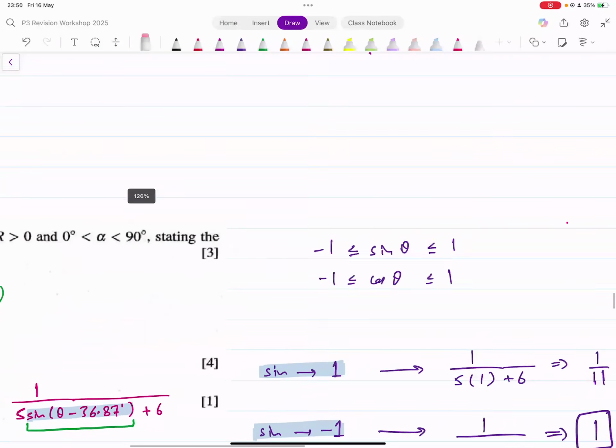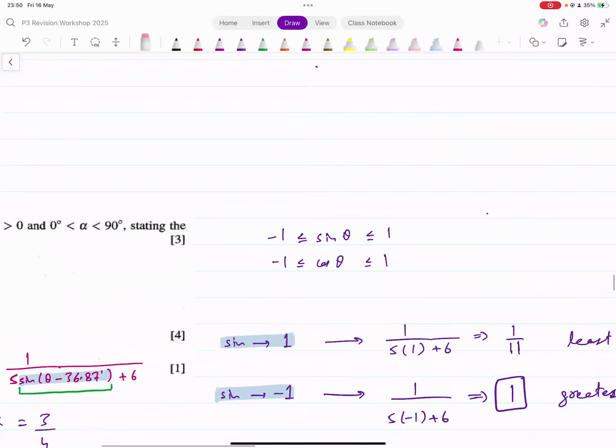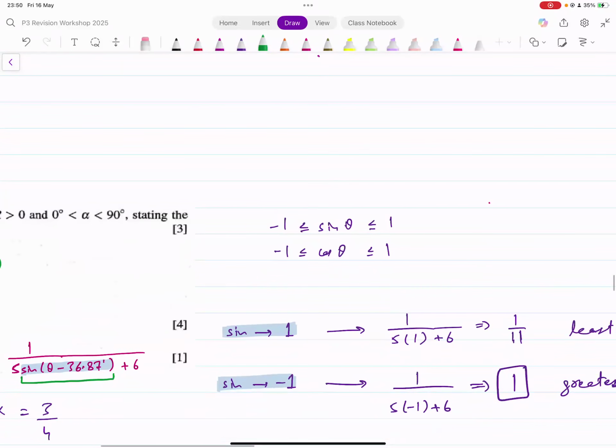For the sine function, we know it is always between -1 and +1. So from this function, we consider the extreme possible values. What are the extreme possible values of sine? It's 1 and -1. So we see what happens when sine is 1, and we see what happens when sine is -1. We input 1 in place of that once, and -1 once.